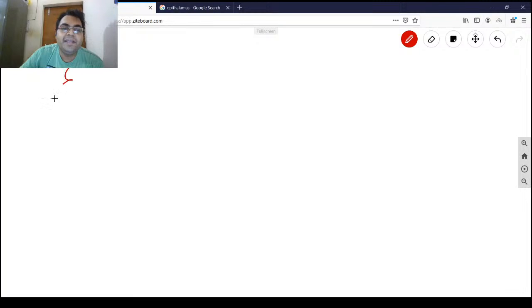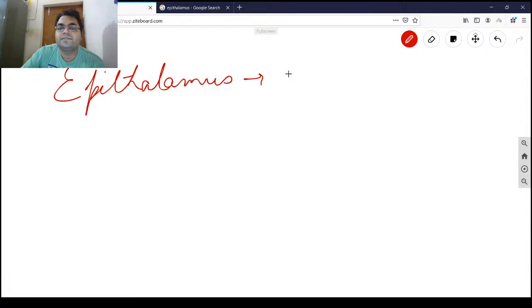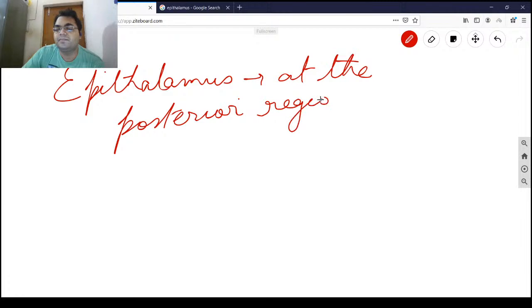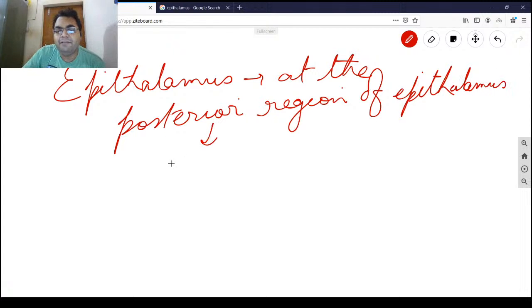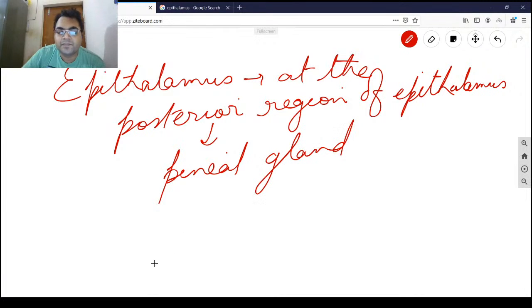If you talk about the epithalamus, at the posterior position of the epithalamus, you have something known as the pineal gland. Now, what does this pineal gland do? The pineal gland secretes a very important hormone known as melatonin.